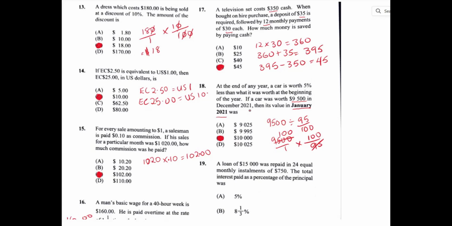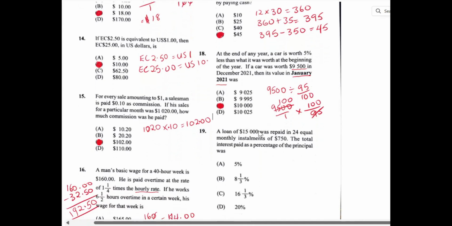I would have found my 5% of 10,000 and then deducted that answer from 10,000. And if I got my 9,500, I would have known that, okay, 10,000 is the answer. You could try that with each answer, but with all those zeros, 10,000 looks like a kind of easy number to start with. And it just so happens that our answer is 10,000, the first number that we try.